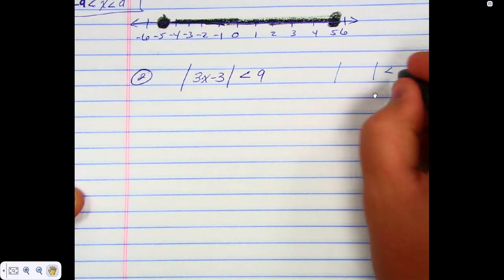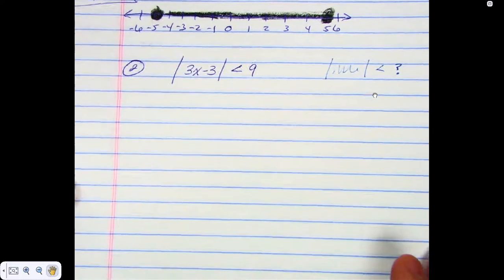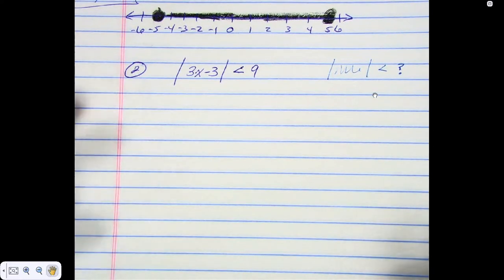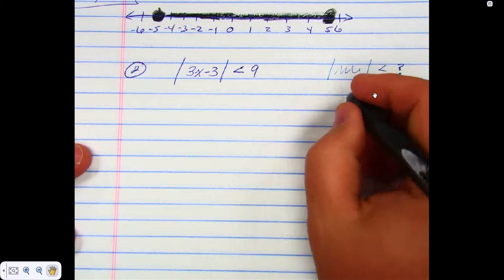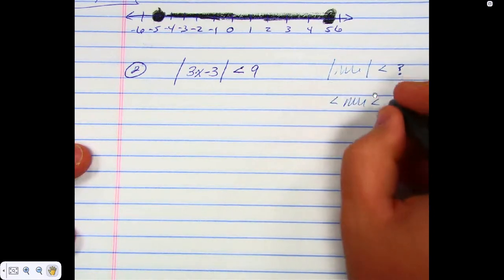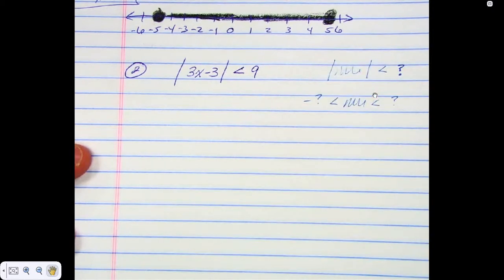When you have a less than, let's put a question mark right here. And that's something, right? Okay? This is how you're always going to break this up. Everybody watch and don't write necessarily. Whatever's in the middle, you're going to have less than your question mark and then the negative of your question mark right there. You guys see how that splits up, how you're going to do that?